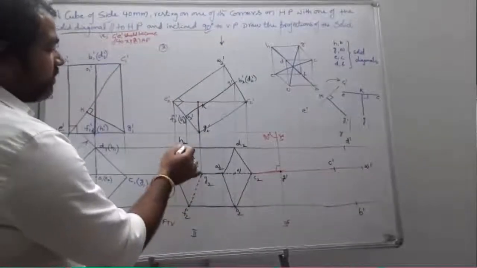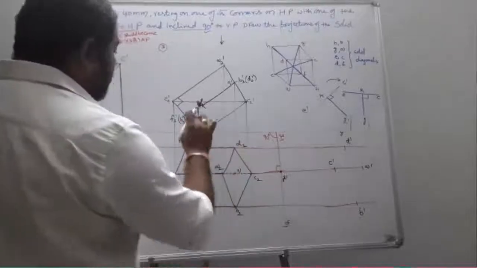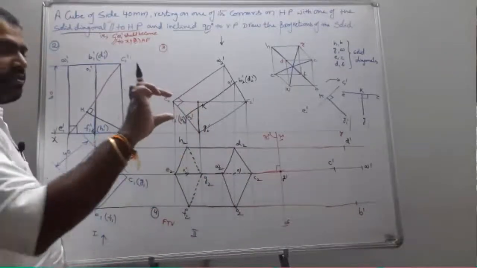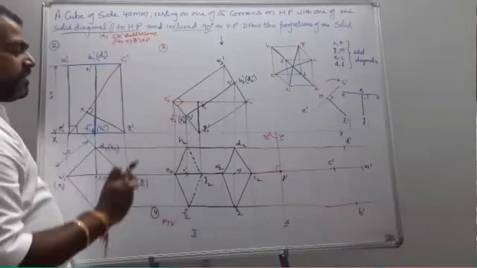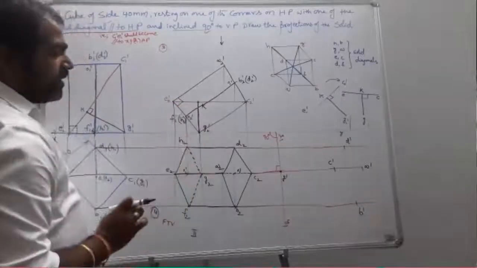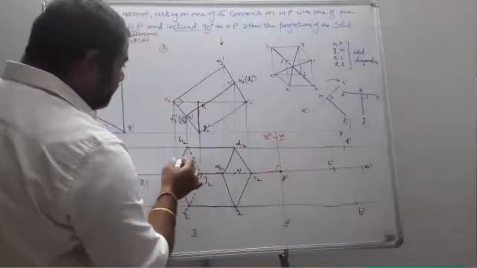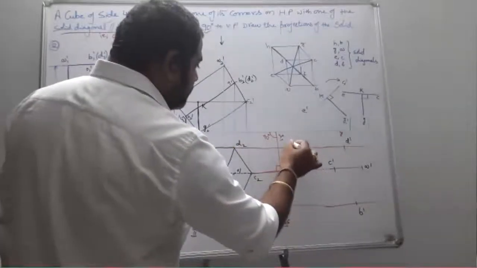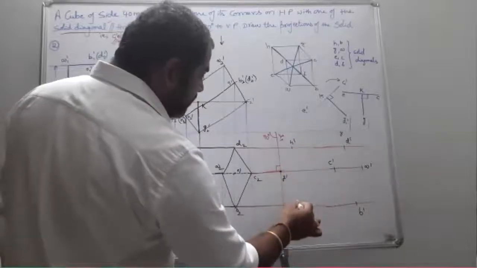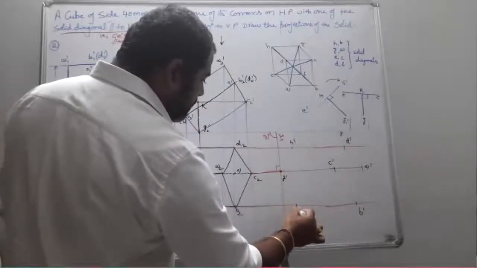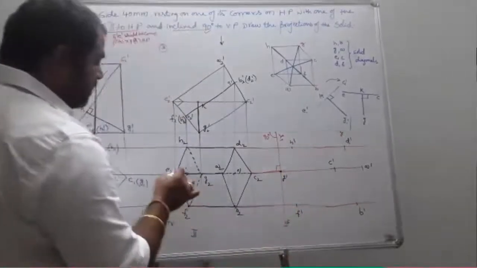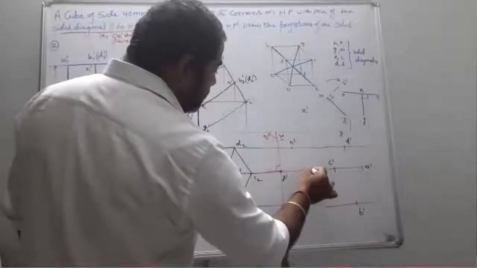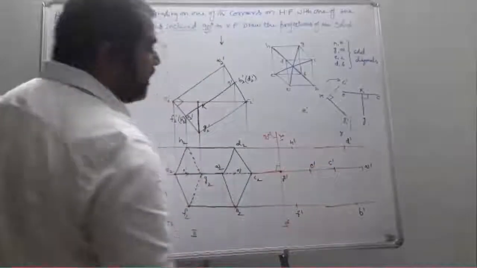Next H. This was H, and which is at the distance of radius taken from old reference line to point, and put it from new reference line. So this is H, this is H dash. Similarly here it is F dash. Next E. E is going to be on the same projector, it is E dash.